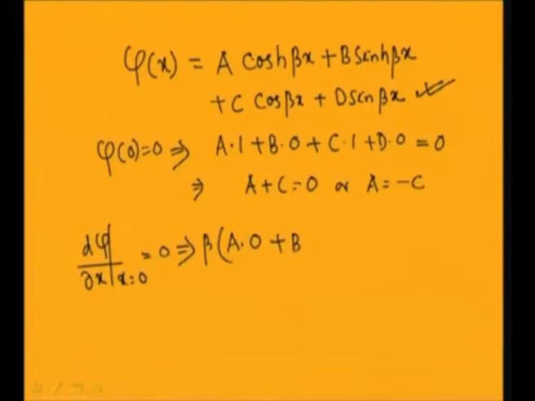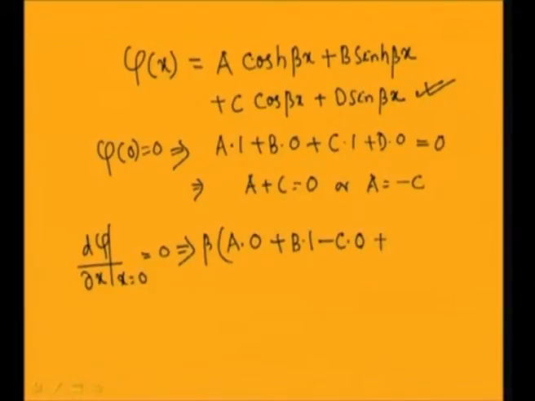Similarly, plus b, so this becomes cos hyperbolic, which becomes 1 when I substitute x equal to 0. Then the derivative of cos beta x becomes minus sin, so this becomes minus c into 0.